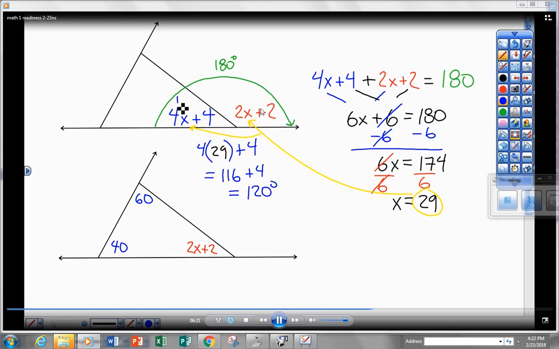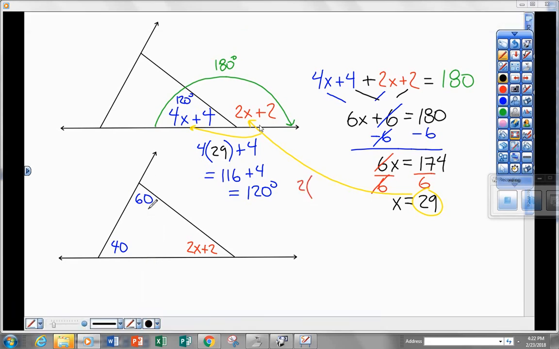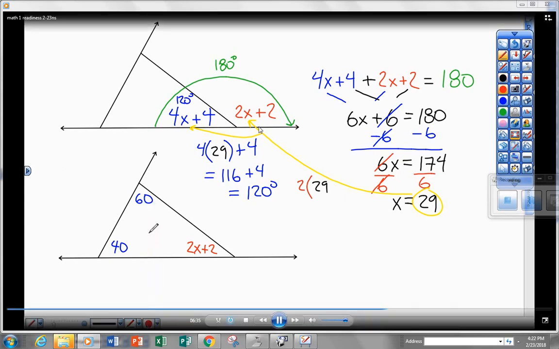Just do the math. So when I plug in the red one, I get 2 times 29 plus 2, and that gives me 58 plus 2. So that angle is 60 degrees.